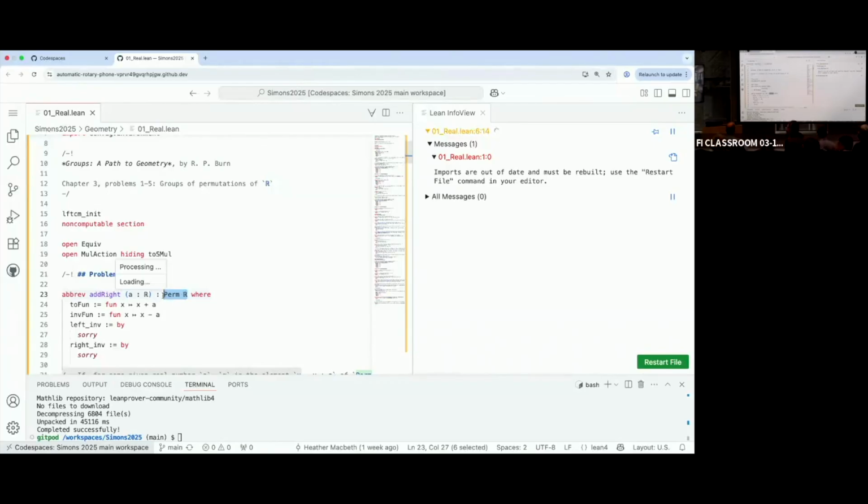So this is Perm R, the set of invertible transformations, not necessarily linear, invertible functions from R to R. And so for the components of this, you can see from this word where, and these pieces, there are four components, namely there's a function, there's another function, which are supposed to be the two directions, and then there's two proofs, namely, the first function composed with the second function is the identity, and the second function composed with the first function is the identity.